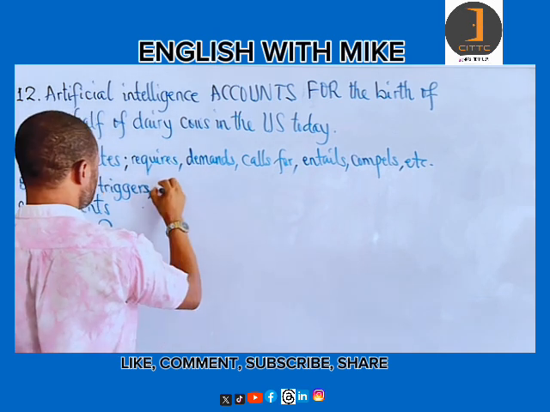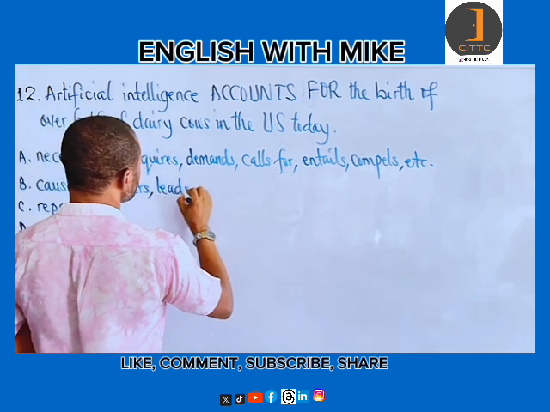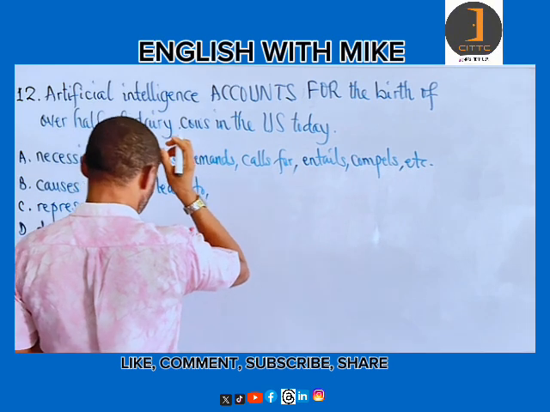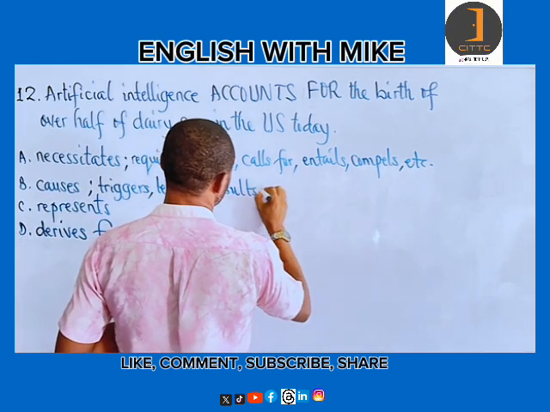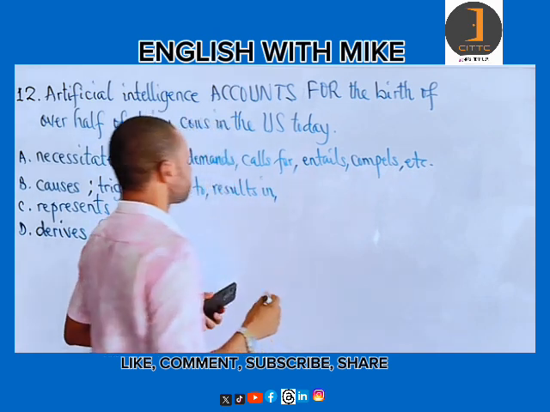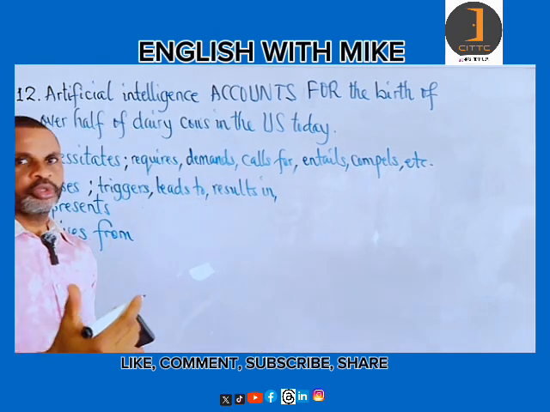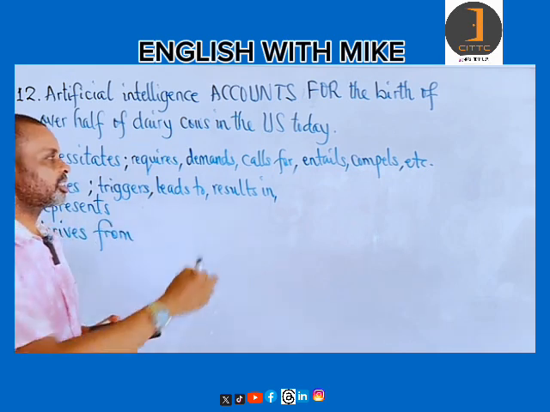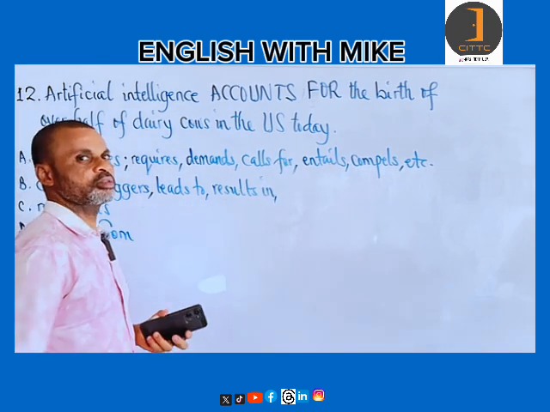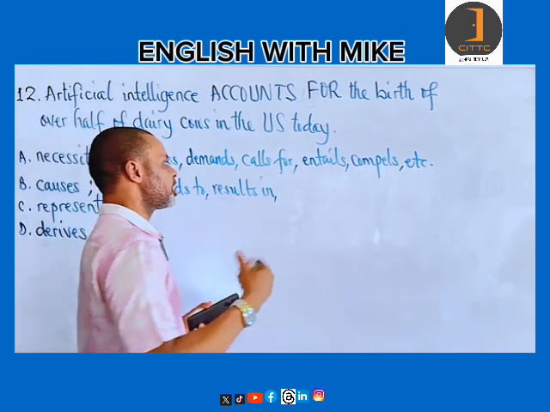Okay, triggers means leads to. Leads to, results in. Be careful, this is not result to. So we don't say that something resulted to. It is resulted in. That is to culminate in.